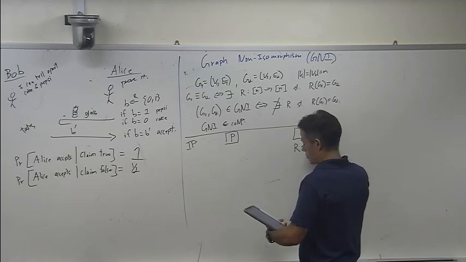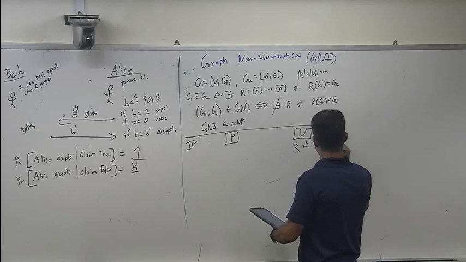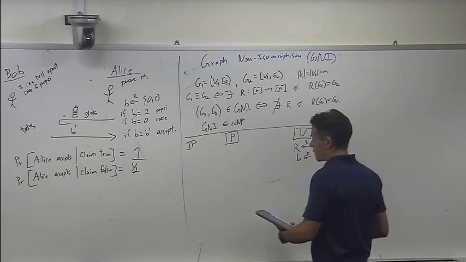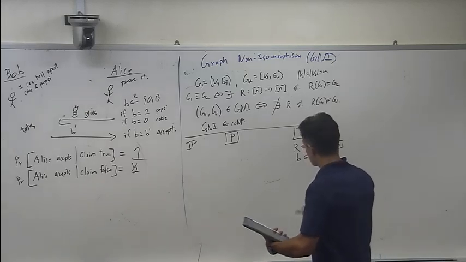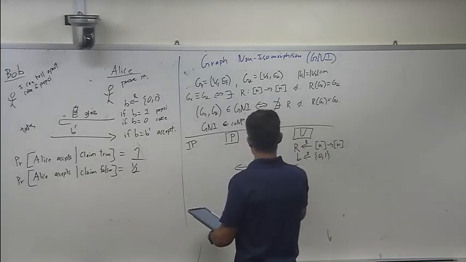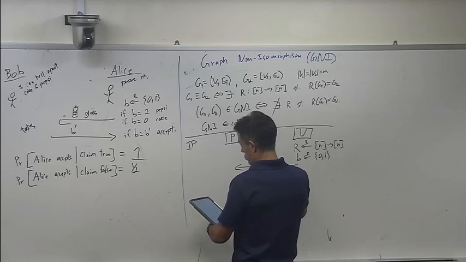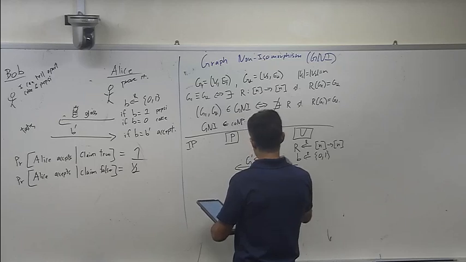What we're going to do is sample some random permutation from the space of all permutations, and we're going to sample a random bit. And we're going to send over G prime, which is this random relabeling of G subscript the bit.